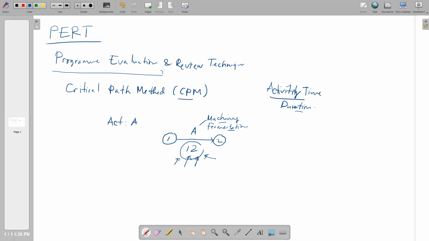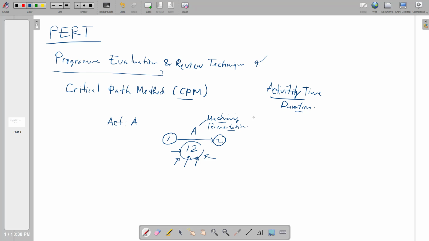Most of the time, the prediction of the activity time will not be this accurate. Because it is hard to predict the activity time and duration, there comes the concept of the Program Evaluation and Review Technique.